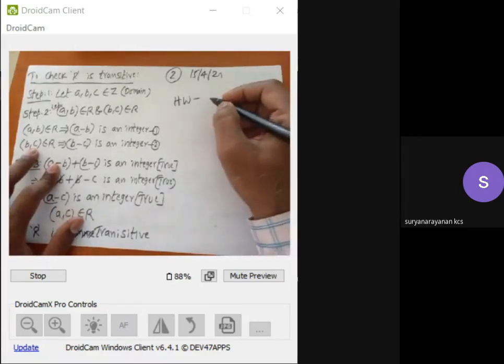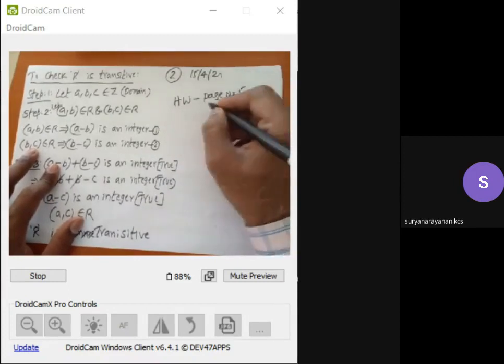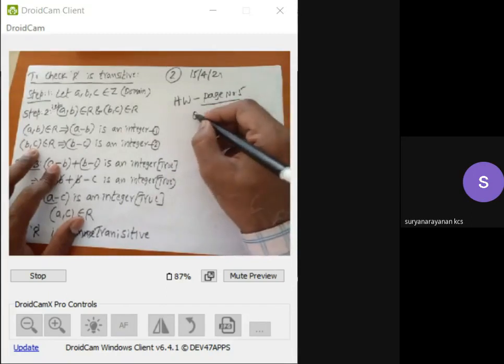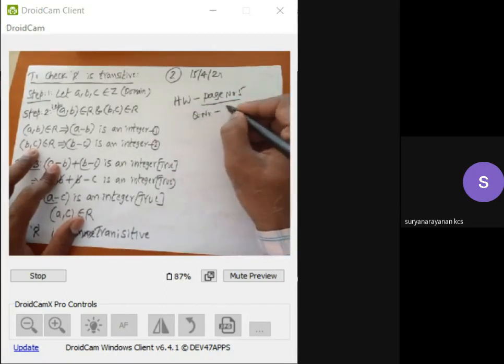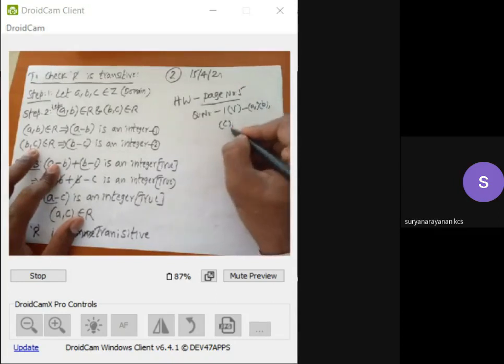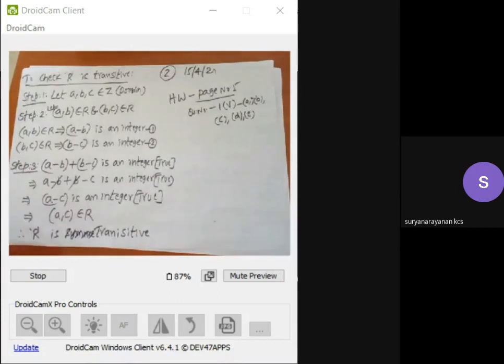Homework is page number 5, question number first Roman fifth, meaning A, B, C, D, E. Total five sums are there.